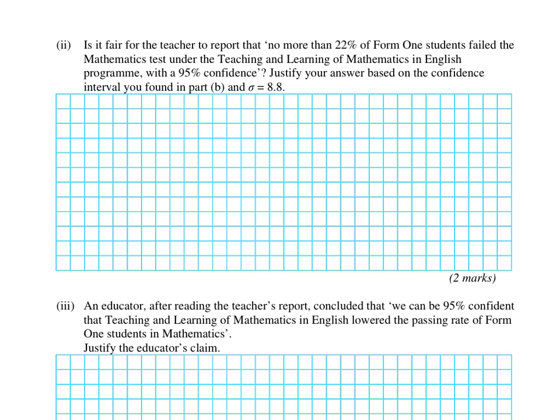Now for this part of the problem, how do we justify our answer later? First, we start with the confidence interval we calculated in part B, 31 and 35. What we want to do is show that if, at these two bounds, the probability is actually less than 22%, then that will be safe.